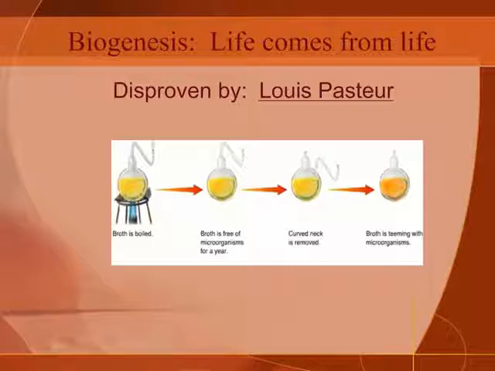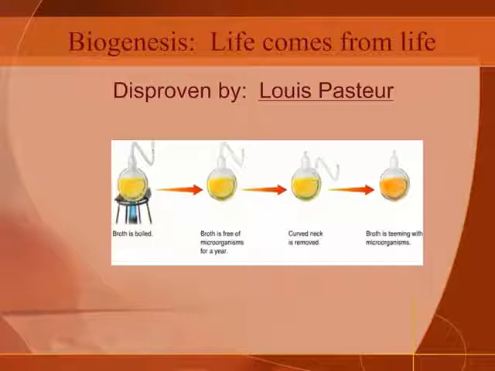He knew this by looking at the broth under a microscope. He put the broth into a flask called an S flask due to the shape of its neck. He boiled the broth to kill the microorganisms and confirmed that they were killed and that the broth was clear.